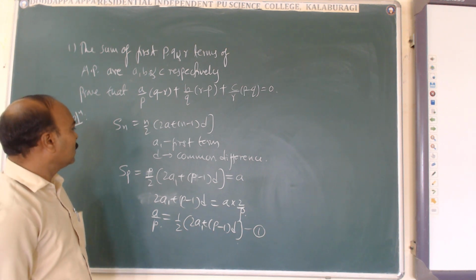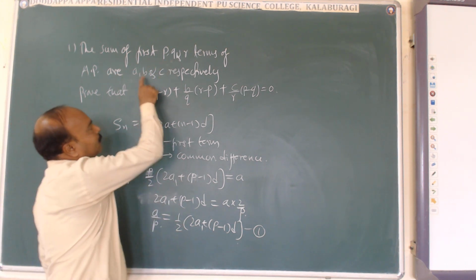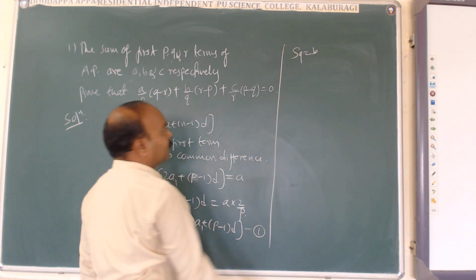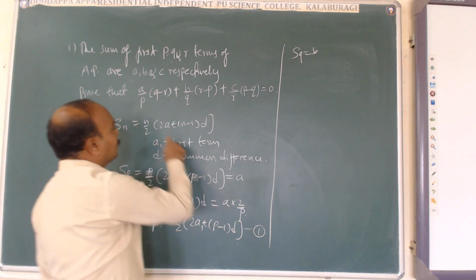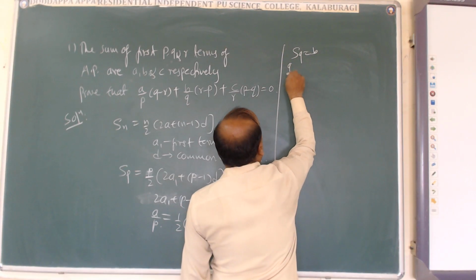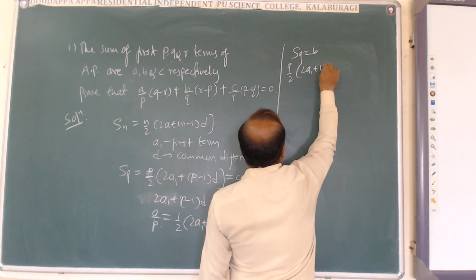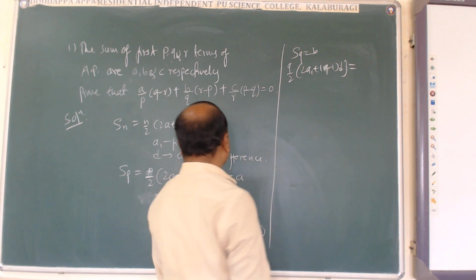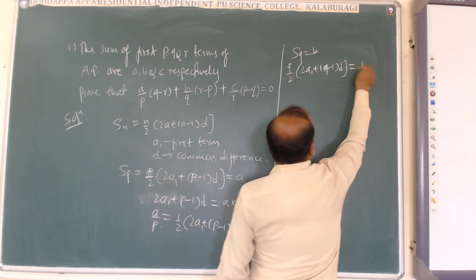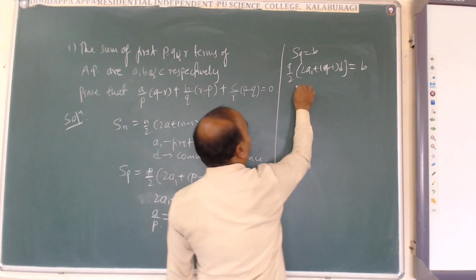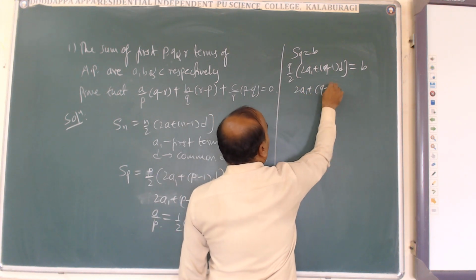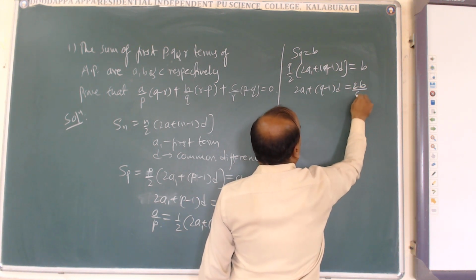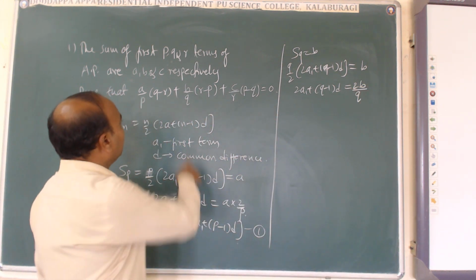Similarly, we go for the second condition. The sum to Q terms of the AP is B, that is, SQ equal to B is given. Substitute n equal to Q in this equation. We get Q by 2 into (2A1 plus (Q minus 1) into D) equal to B. Simplifying, we get 2A1 plus (Q minus 1) into D equal to 2B by Q, but you want only B by Q in the question.